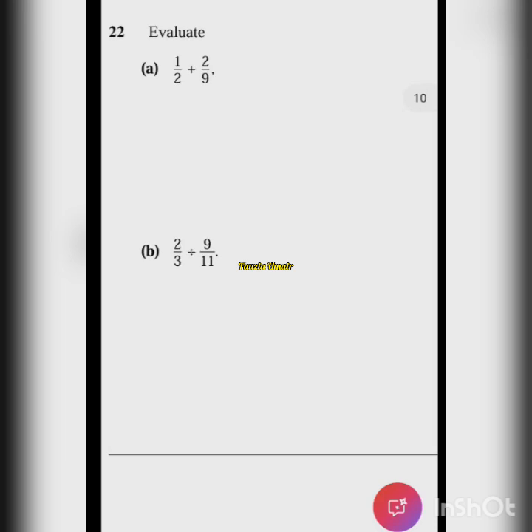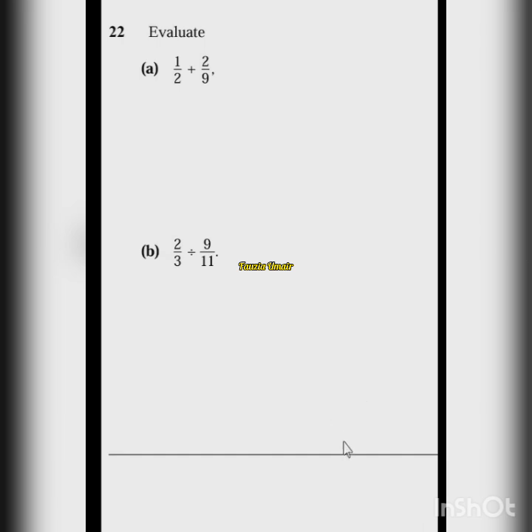Question number 22. You need to remember, especially for Meerab and Shahir, that the Cambridge P1 paper does not allow you to use a calculator. There are 2 papers of math when you appear in the Cambridge exam. P1 is 100 marks and P2 is also 100 marks.